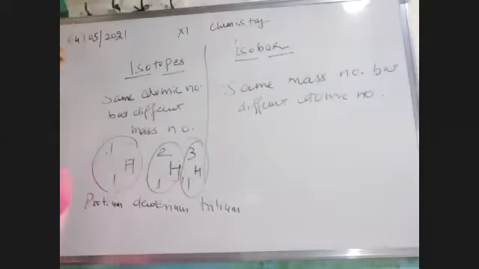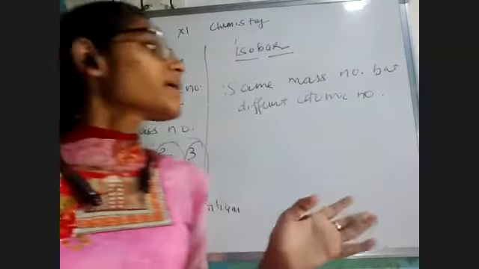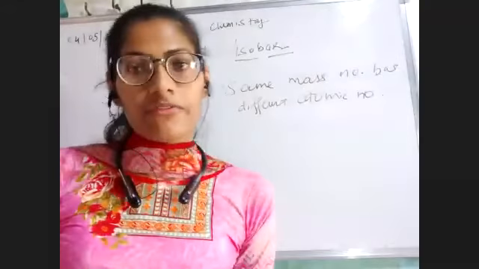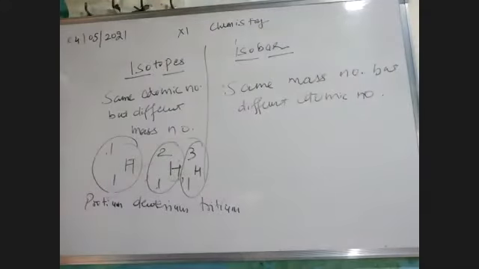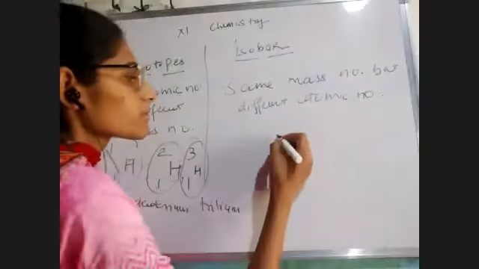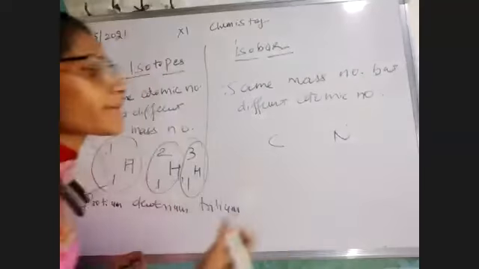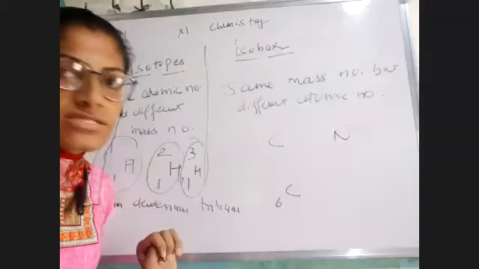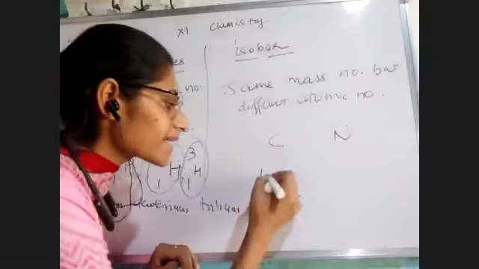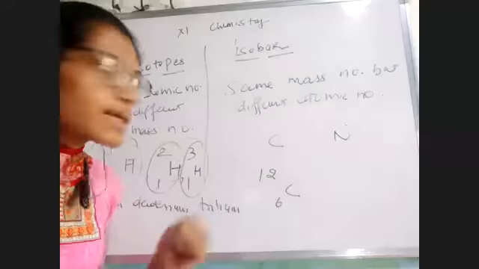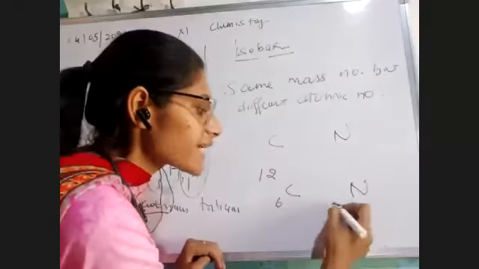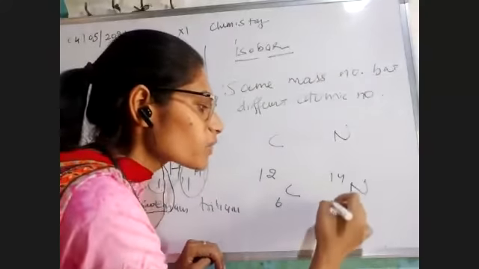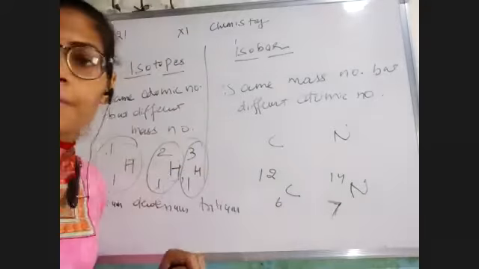Now let's take an example of isobars, which have the same mass number but different atomic number. Let's take the example of nitrogen and carbon. Now you know that carbon has 6 as atomic number and 12 as mass number. Same with nitrogen, it has 7 as atomic number and 14 as mass number.